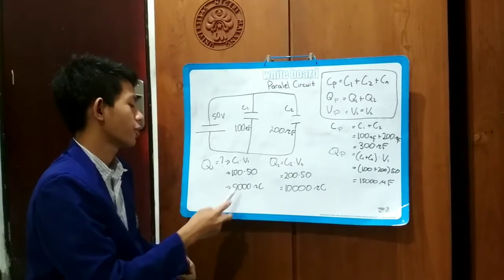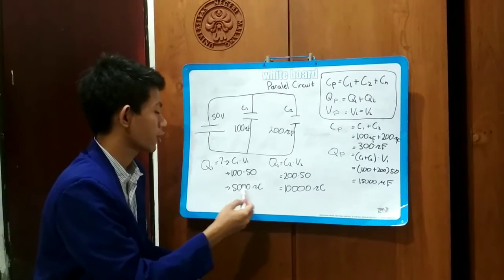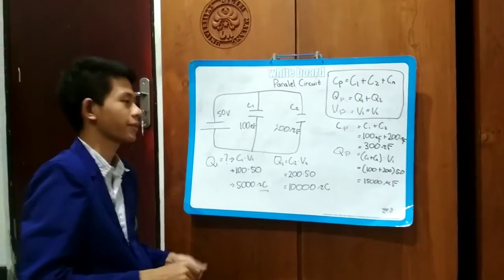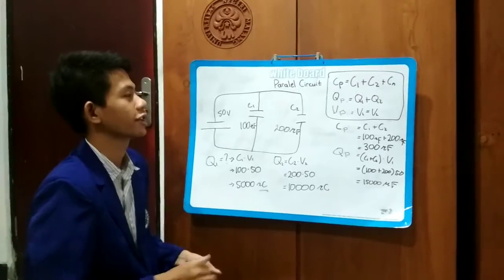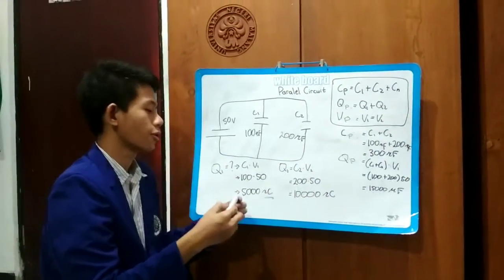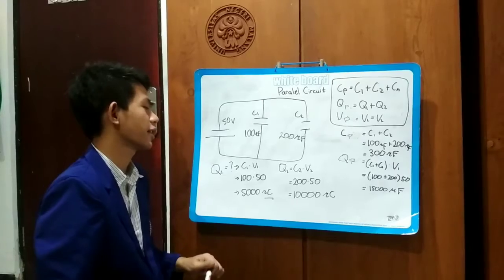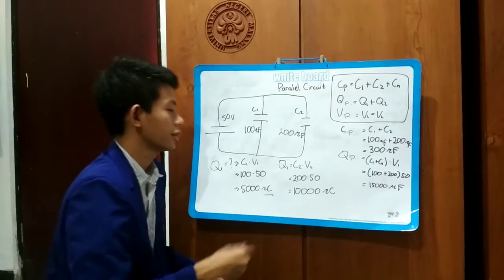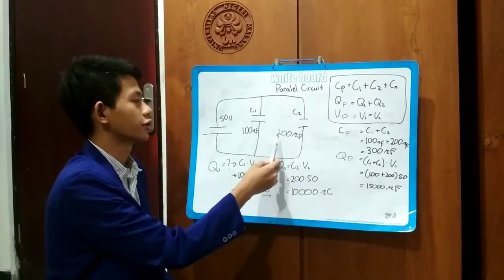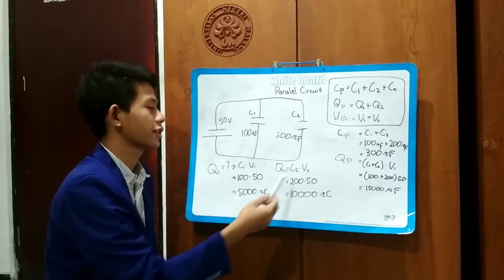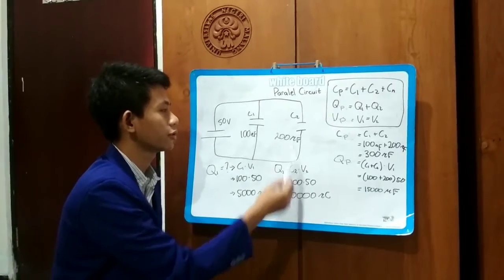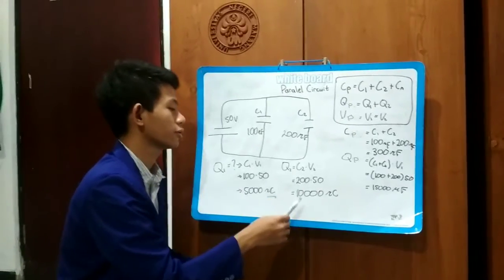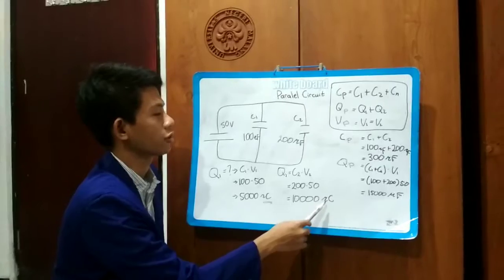So in here we have 5000 microcoulomb as the unit of charge. Then how much charge is stored in C2? Let's use the same formula for C2, which is 200 microfarads times V2 in here, which is 50 volts, is equal to 10,000 microcoulomb.